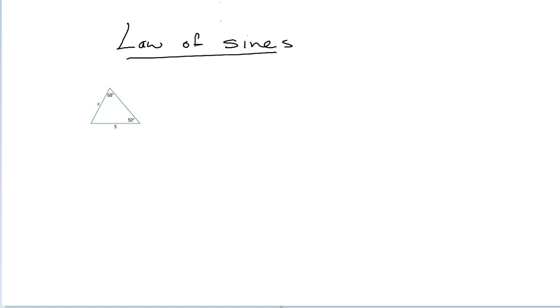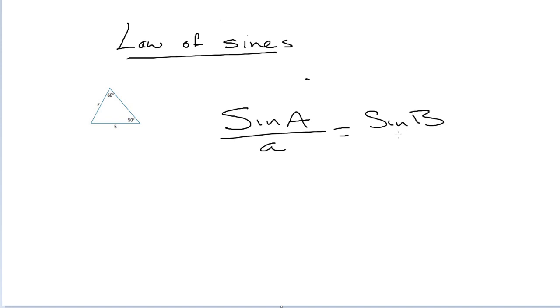And the law of sines is basically just a ratio. So for example, this is what it looks like. It's sine of angle A over its opposite side, which is side A, is equal to sine of angle B over its opposite side.